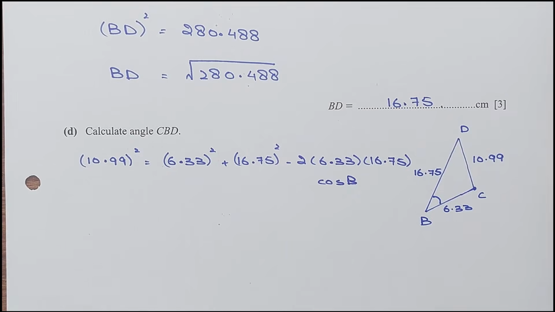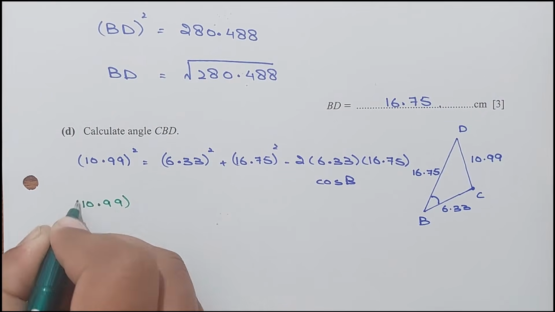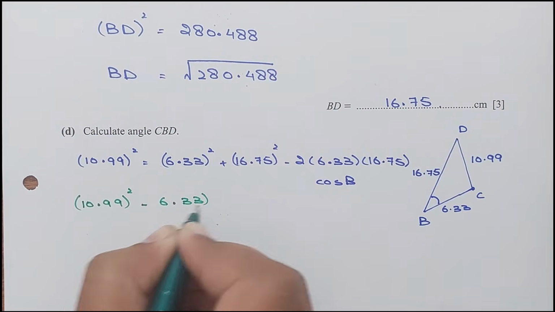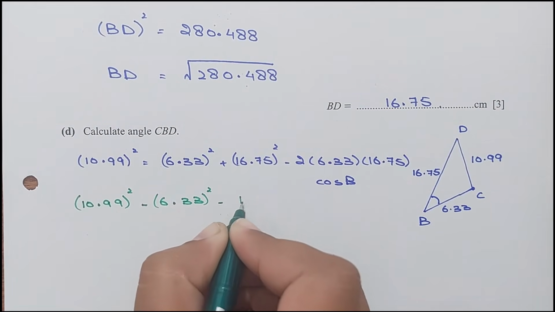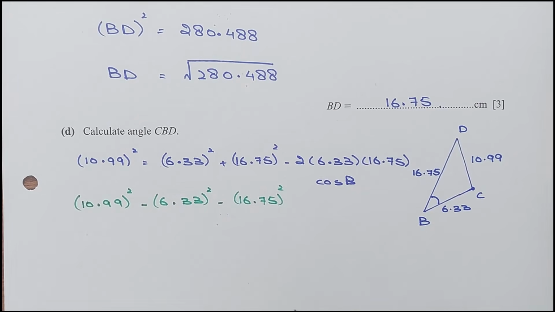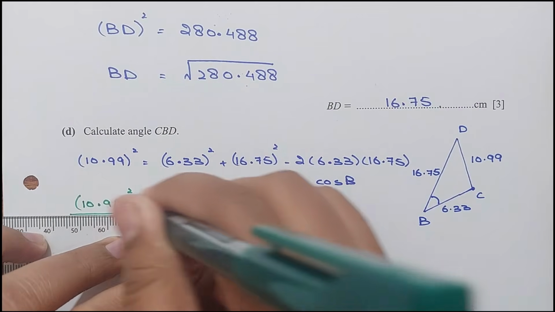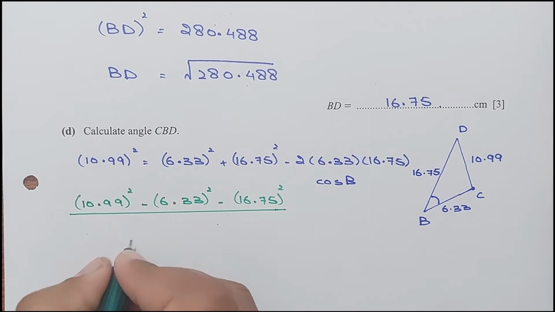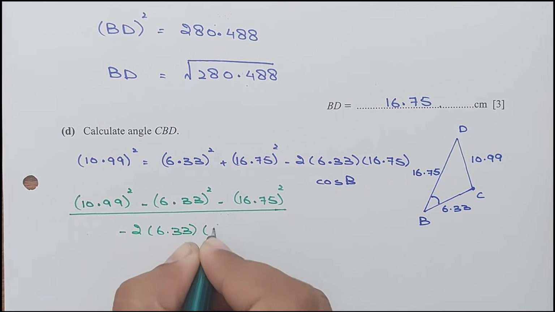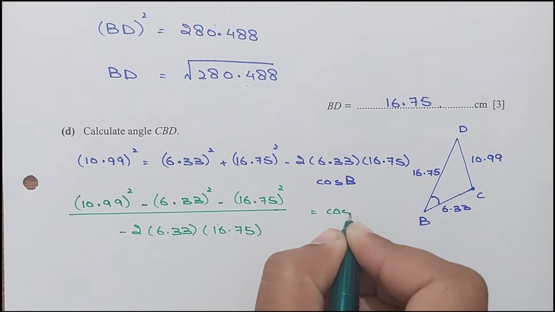Now let me solve for that angle, which is 10.99 square minus 6.33 square minus 16.75 square, and this thing is divided by minus 2 times 6.33 times 16.75. This is cos B.